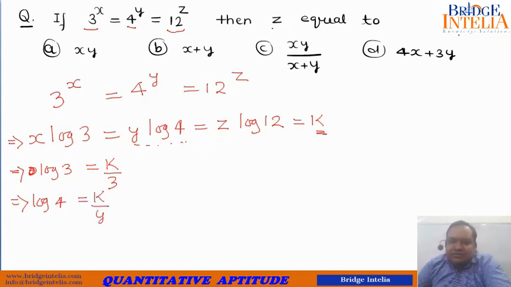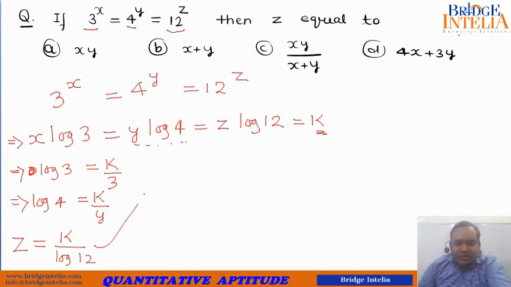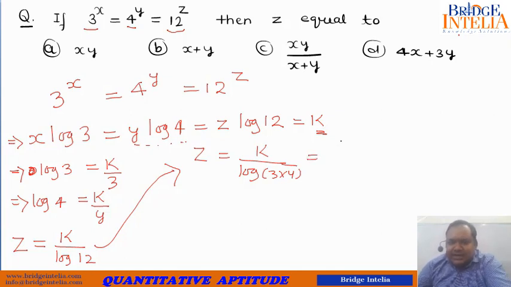Now the question is, what is z equal to? Let's solve this. z is equal to k upon log 12. So z is equal to k upon log of 12, which can be written as 3 into 4. That was the purpose of choosing this number. So this can now be written as k divided by log 3 plus log 4.